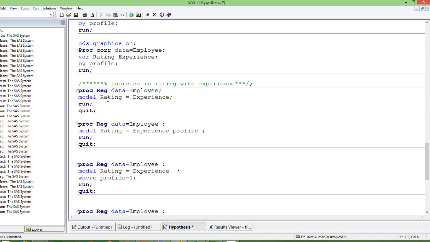So we will regress rating, performance rating, which is going to be our dependent variable, on experience, which is going to be our independent variable. We want to know how experience impacts rating or performance level. So we will perform a simple linear regression. Remember that we have only one variable here, so this is a simple linear regression. So let us run this.